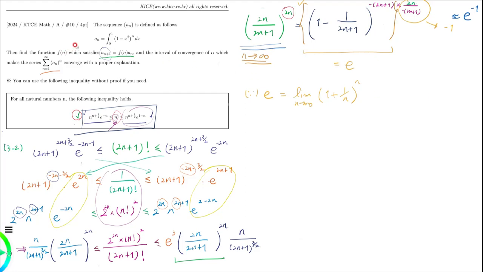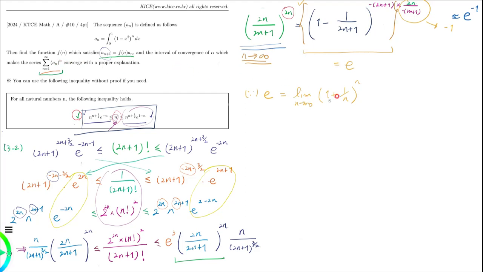So when we consider the convergence of some series, what matters is the trend of each term when n goes to infinity, or when it's large enough.